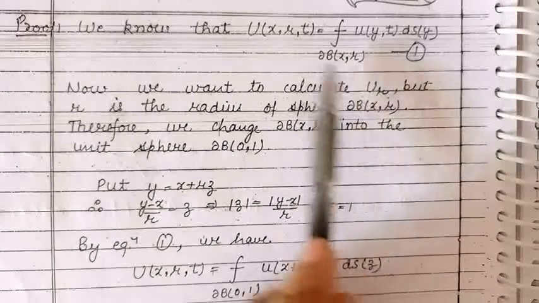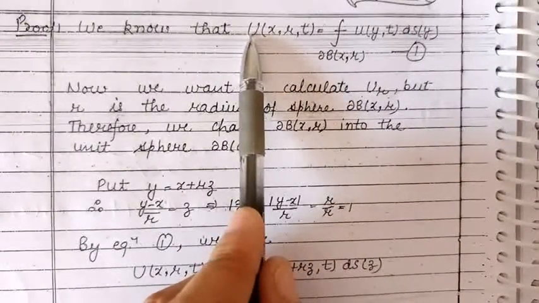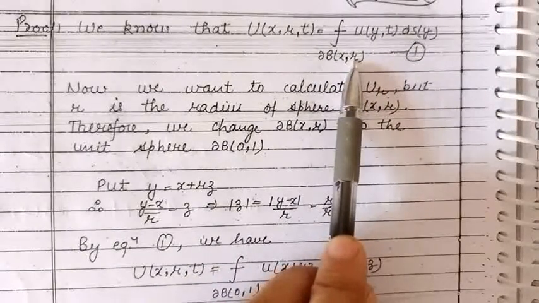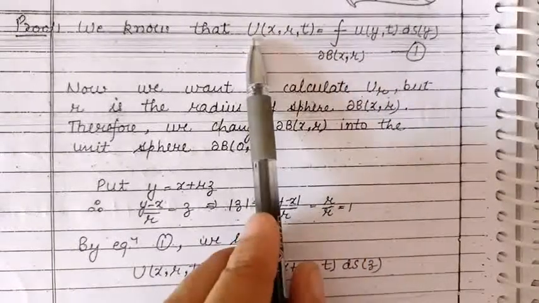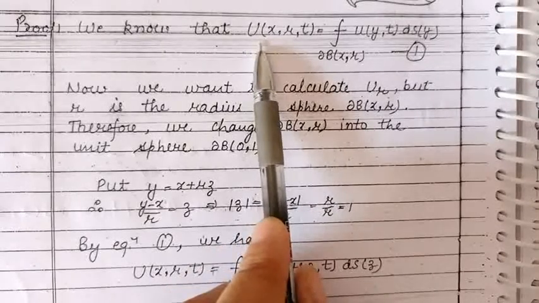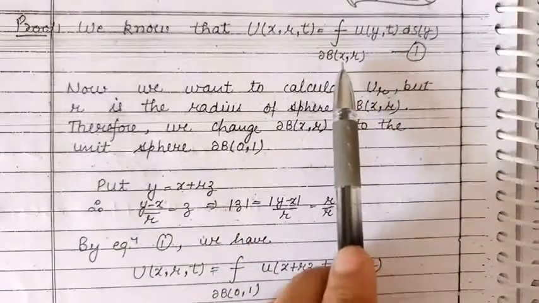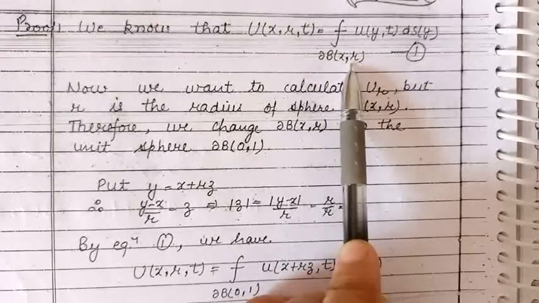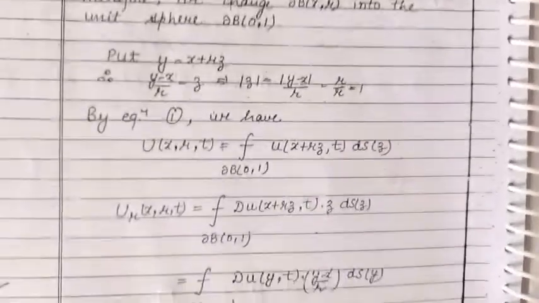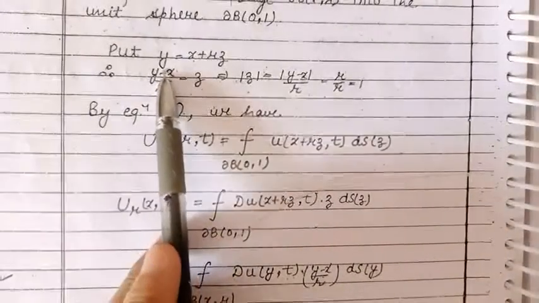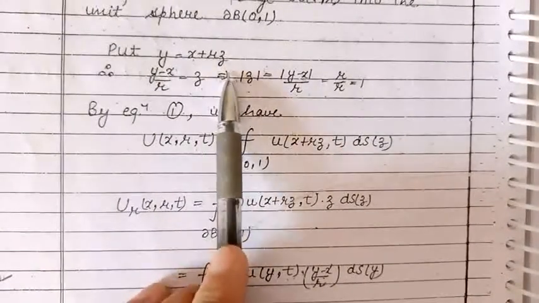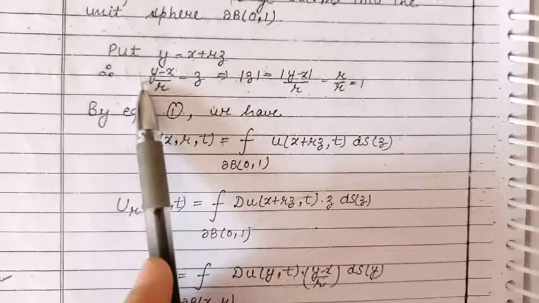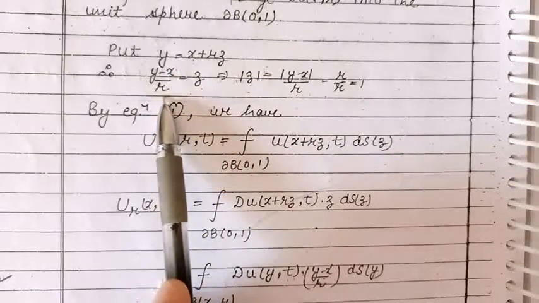Because we are to differentiate this function with respect to the radius of the sphere, and we cannot directly differentiate a function with respect to the radius of the sphere, first of all, we will have to convert this sphere into a unit sphere. So let us make a substitution: y is equal to x plus rz. From here, the value of z will be (y minus x) upon r.